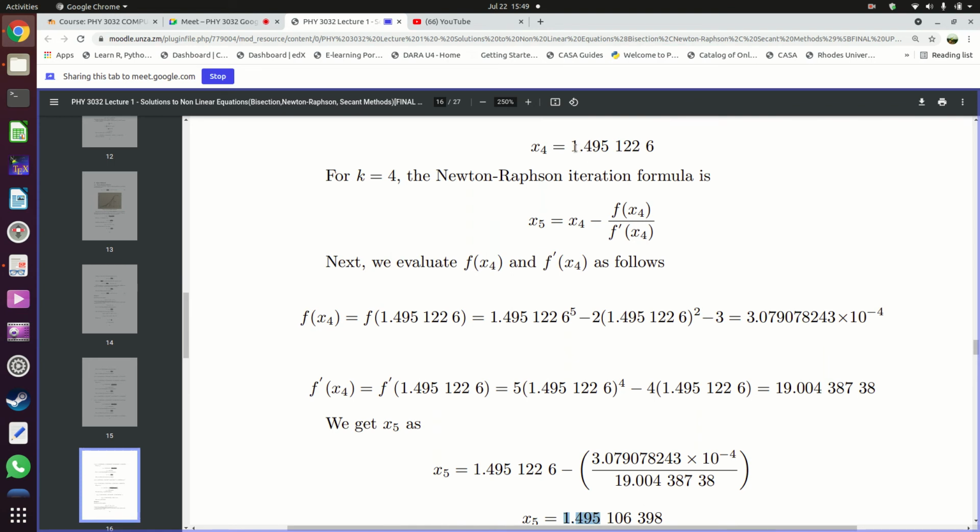I have x4 equals 1.4951. The first 1, 2, 3, 4, 5 digits remain unchanged. As you can see, between x4 and x5, the first 5 digits remain unchanged. The only thing which changes now is the 2, which becomes 0 here.